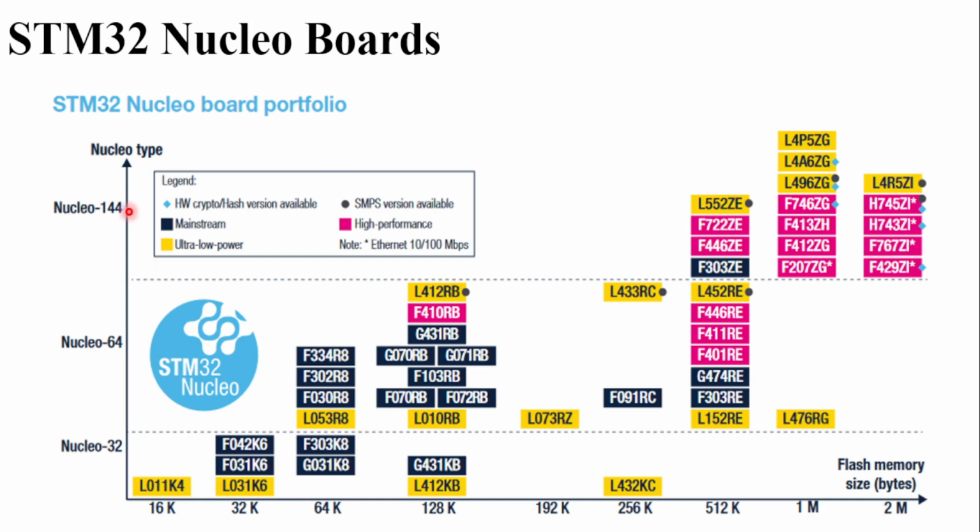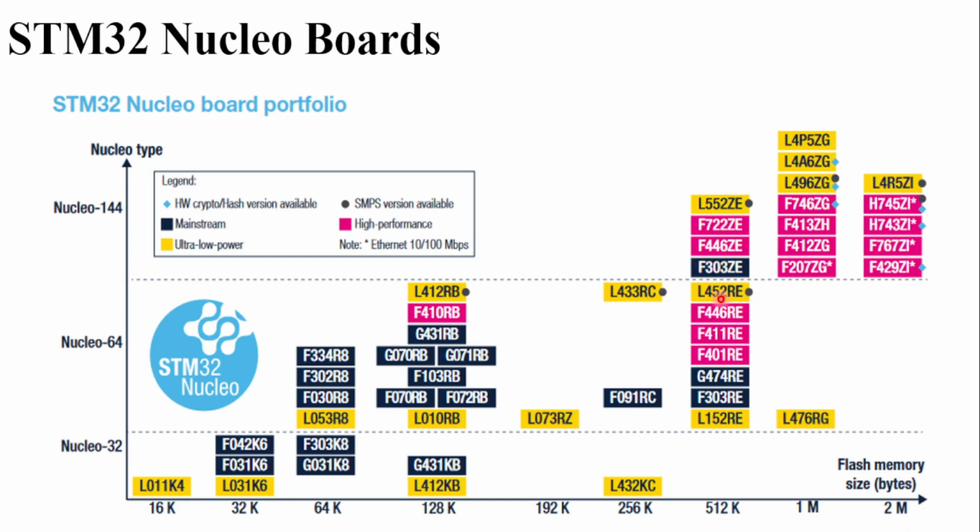So the microcontroller boards are available with 32 pin, 64 pin, and 144 pin, and we can purchase the boards with a flash memory size ranging from 16 kilobyte to 2 megabyte.